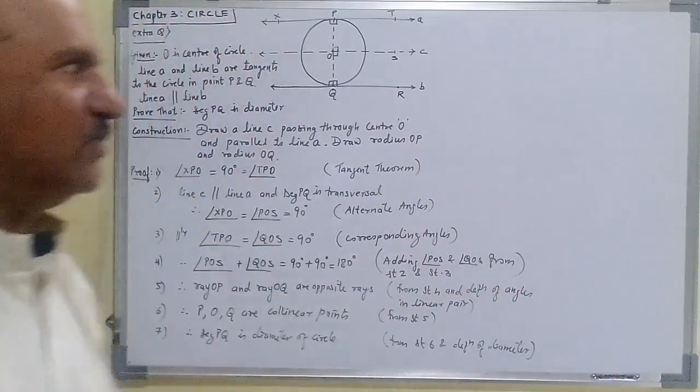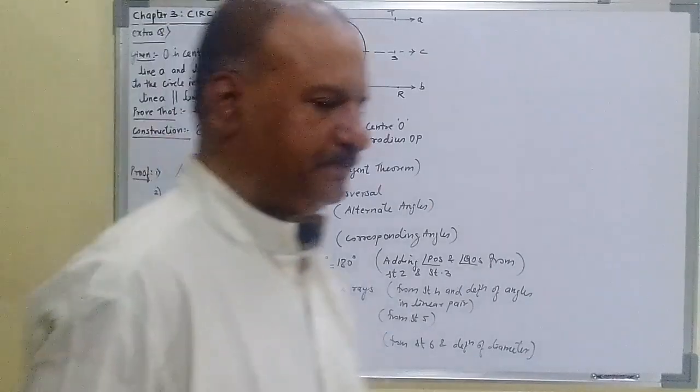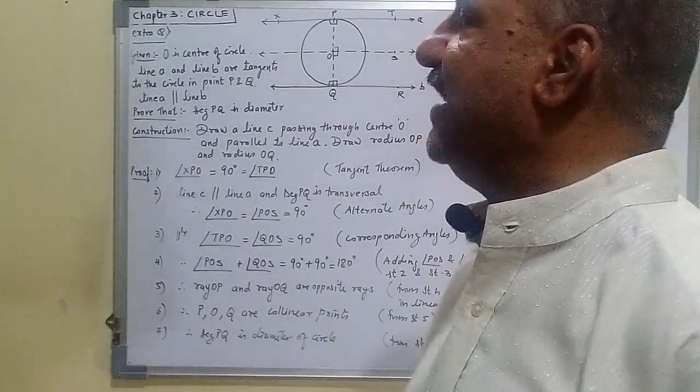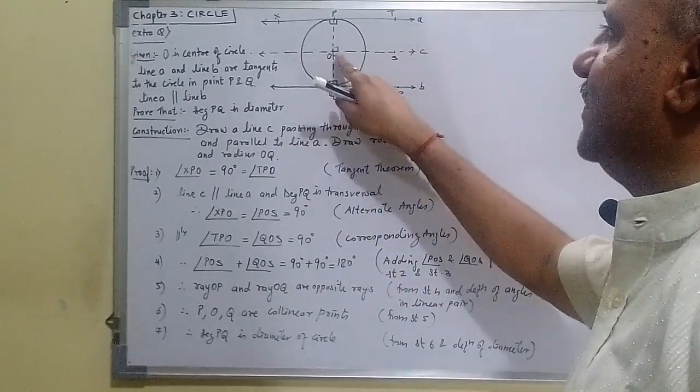Let us start now with the extra question. See what they have given us: line A and line B, and O is the center of the circle.